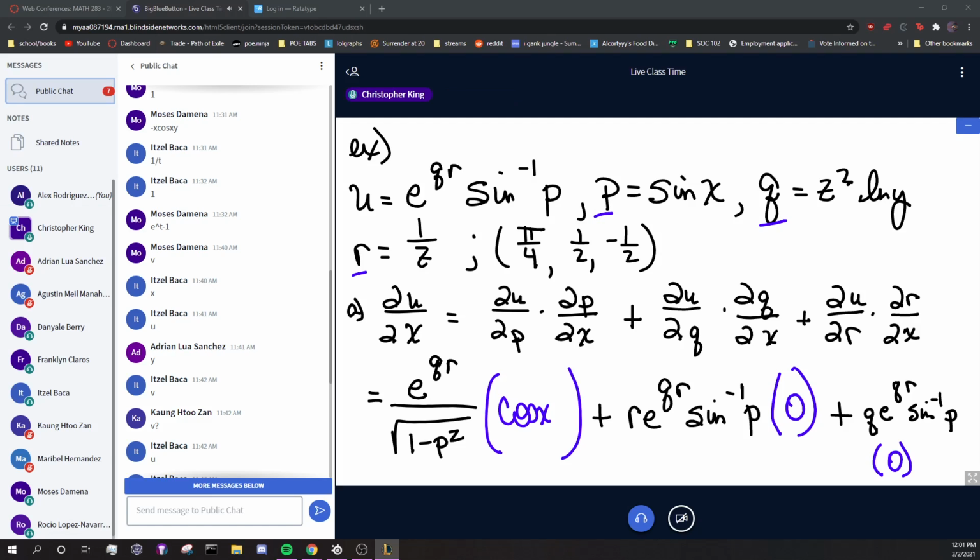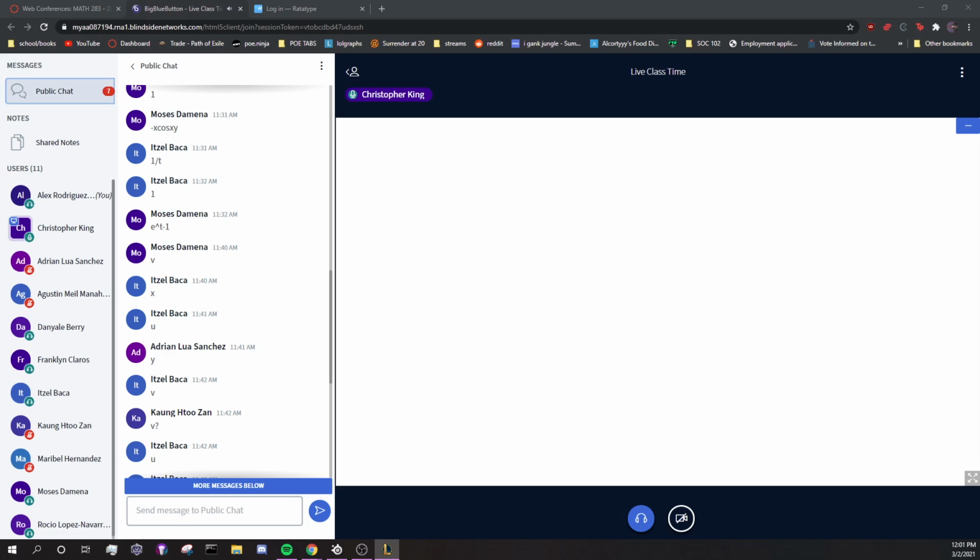So basically what we're going to end up with is e to the qr over the square root of 1 minus p squared times the cosine of x. Everything else is 0.